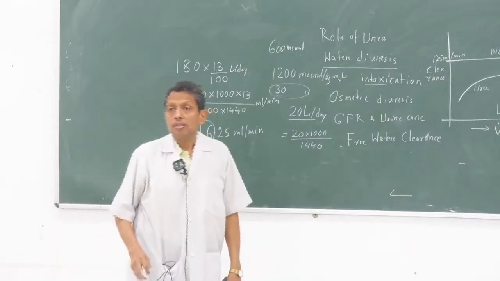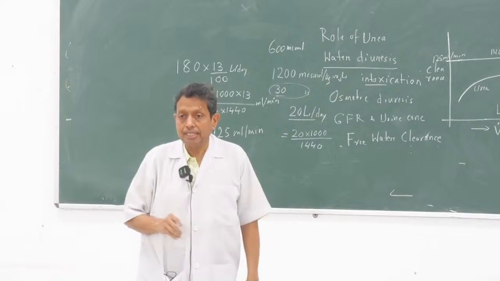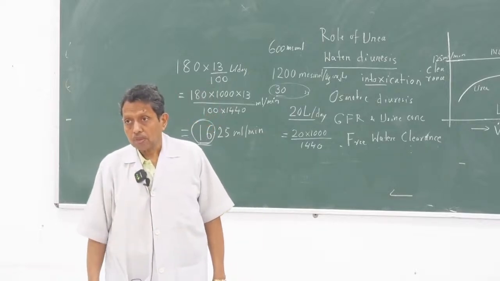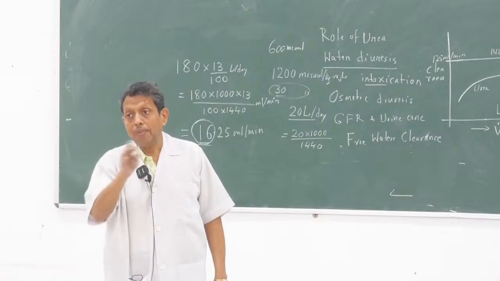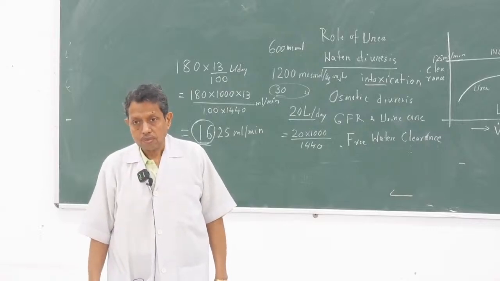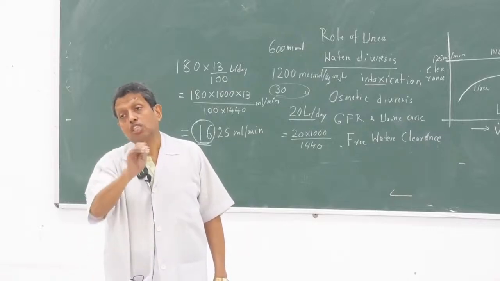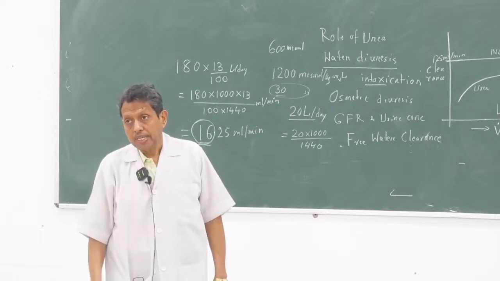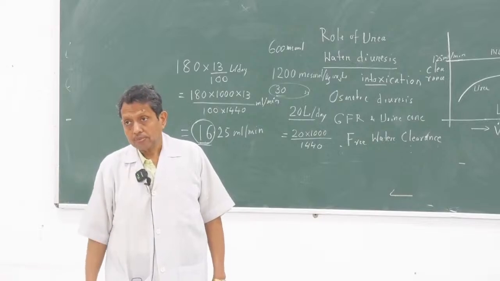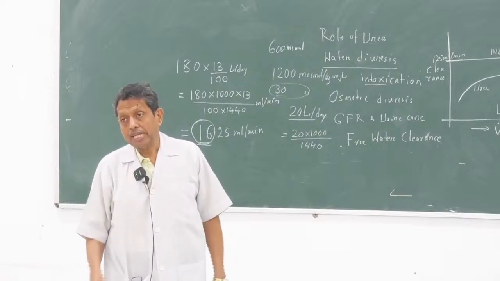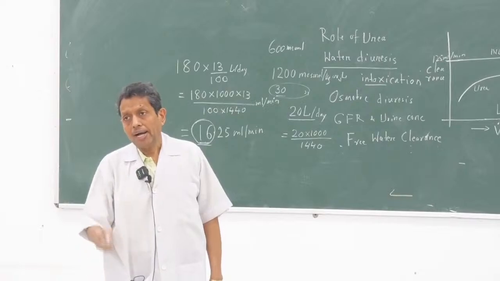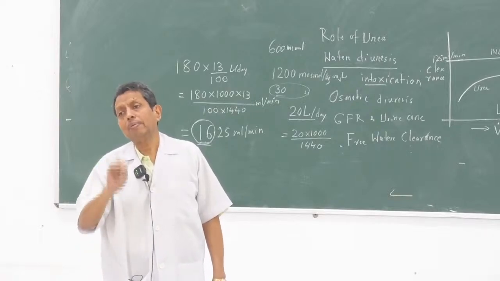Then there will be hypotonicity in the body fluid, including the central nervous system. So water will imbibe into the cells, including the cells of the central nervous system. And if cortisol is deficient, there may be convulsions, coma, and rarely it may cause death.